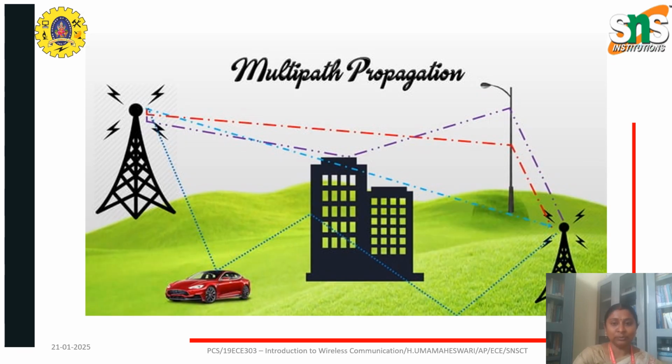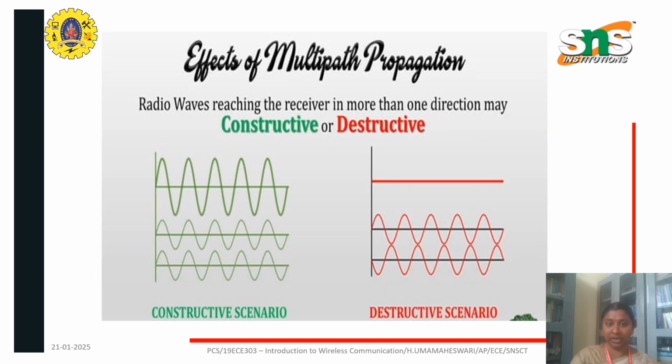In multipath propagation, the sender is at one point and the receiver is at the other end, but we can transfer the information through various paths. For example, considering a home, we use a Wi-Fi internet there. From that, it provides communication to different areas.